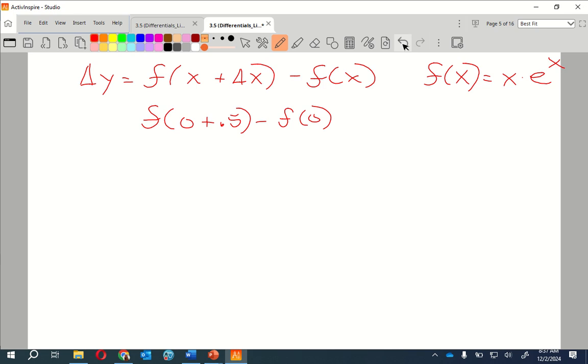So this together is going to be f of 0.5 minus f of 0.